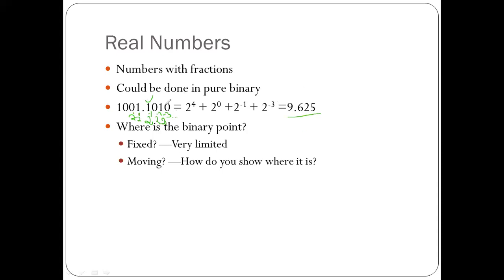But how to store this number in a computer? How to store this binary point? Where is this binary point stored? Based on the position of this binary point, we have fixed point representation or moving. If this decimal point is flexible to move over the register, then we call it moving or floating point representation.